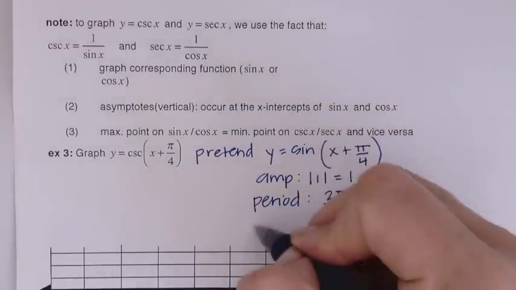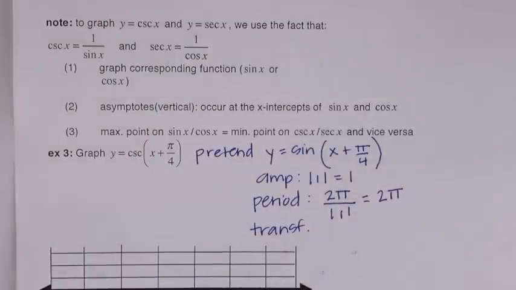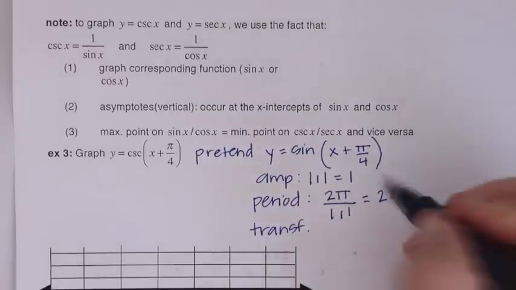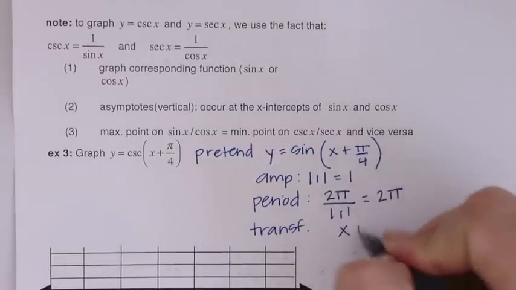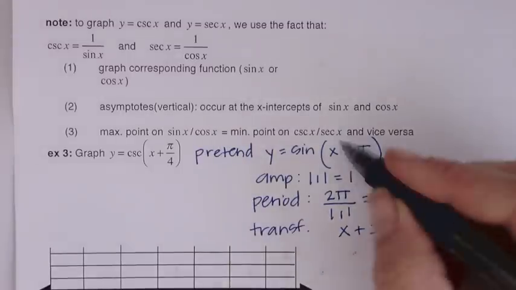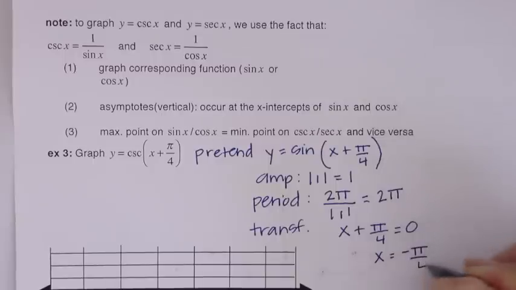And then we would talk about any transformations. So stretching would happen because of our amplitude if it was happening vertically. And then our phase shift, we're going to set whatever's in with the x equal to 0. So we are going left pi over 4.